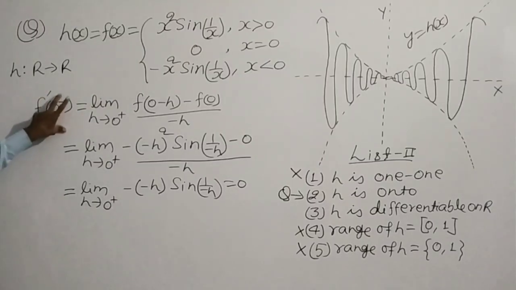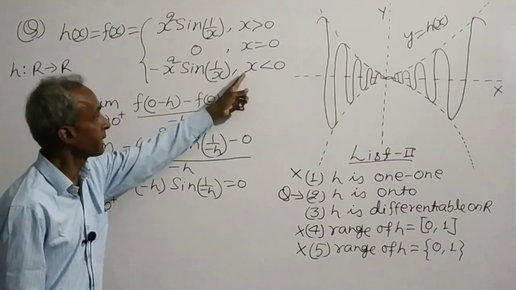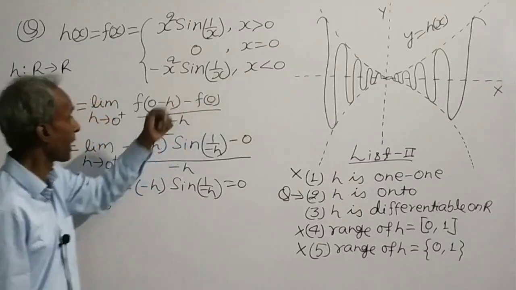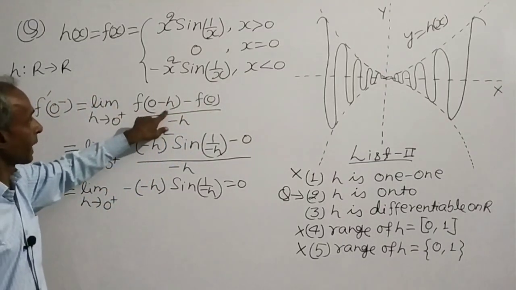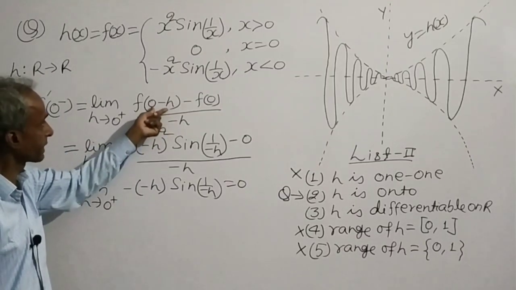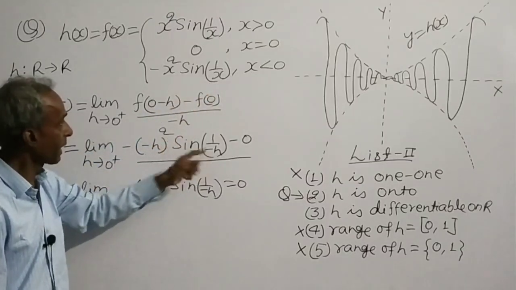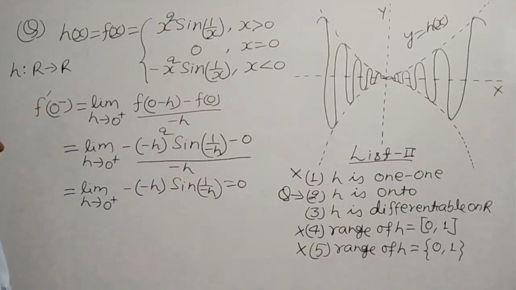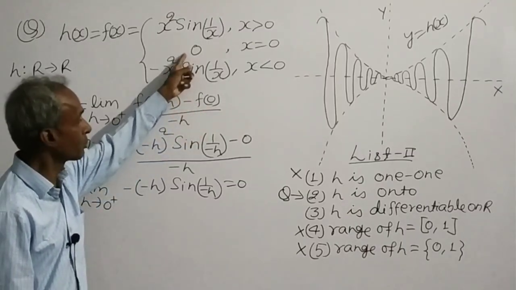f'(0-), the left-hand derivative, when x tends to 0 from the left-hand side. For the left-hand derivative we put 0 minus h, that means minus h, in place of x here and here, and f(0) is written according to this rule.